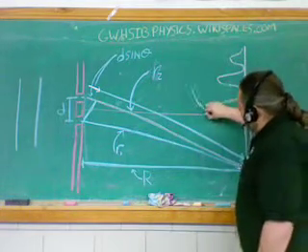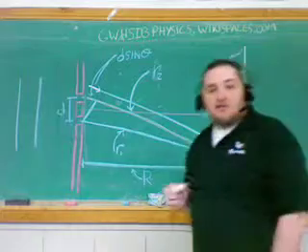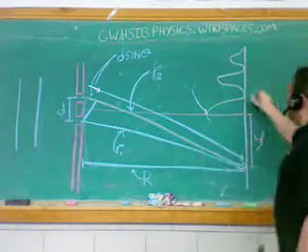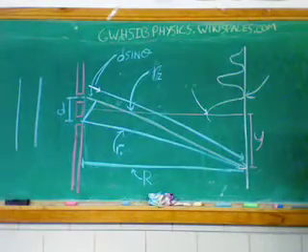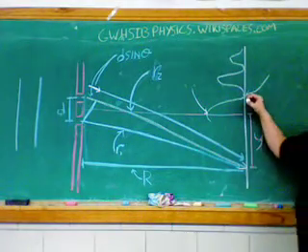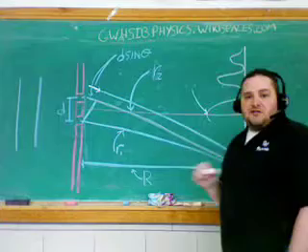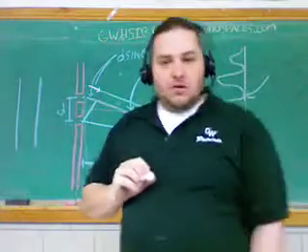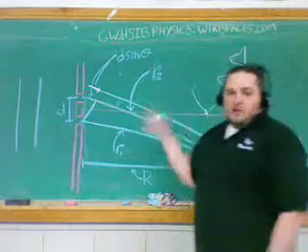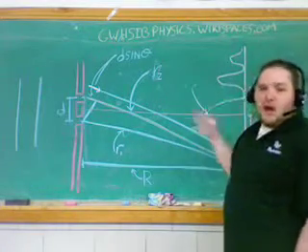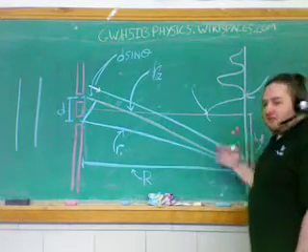So this point right here is going to be a point of constructive interference, where this point here is going to be destructive interference. The dark spots are going to be destructive, the bright spots are going to be constructive. Cool?